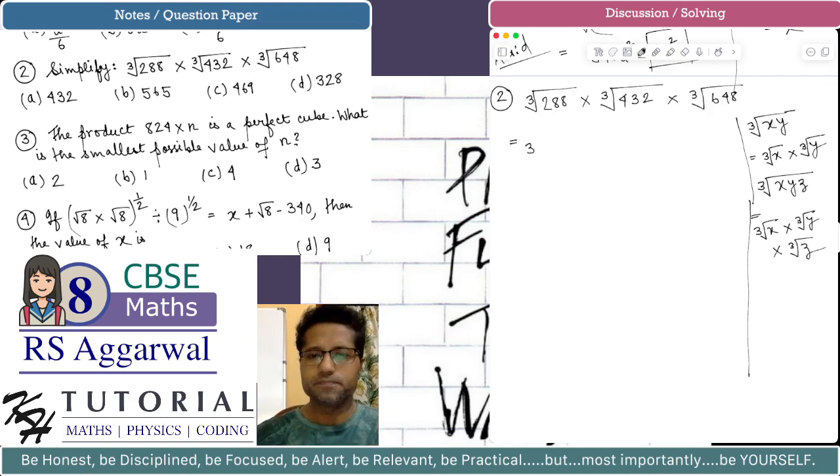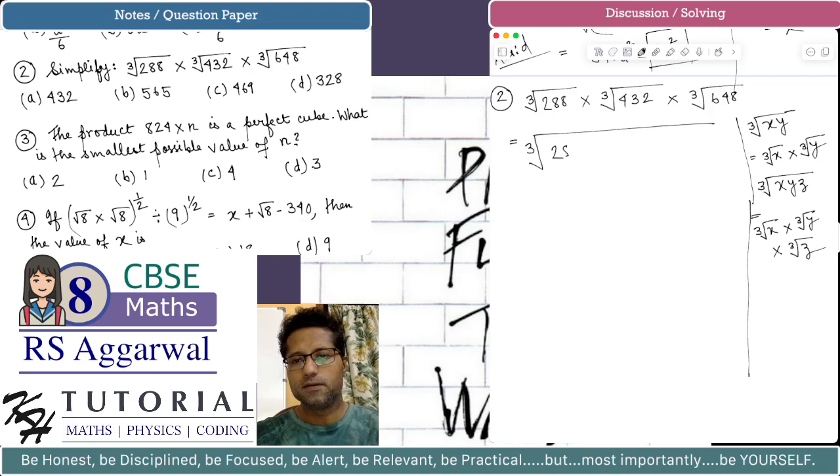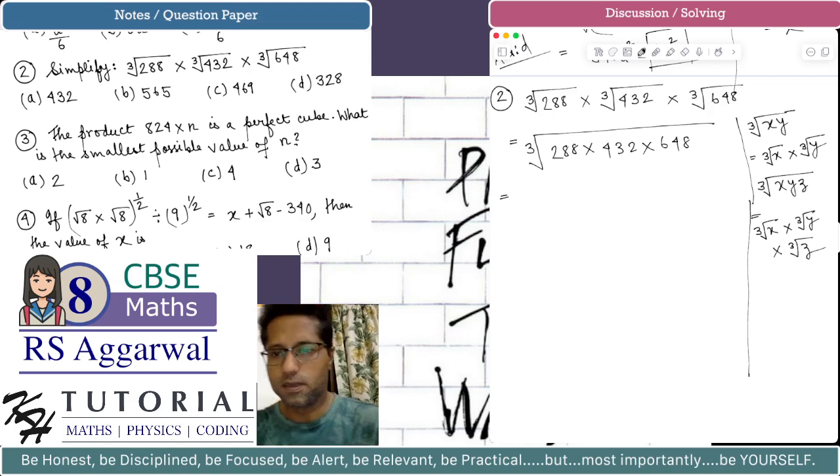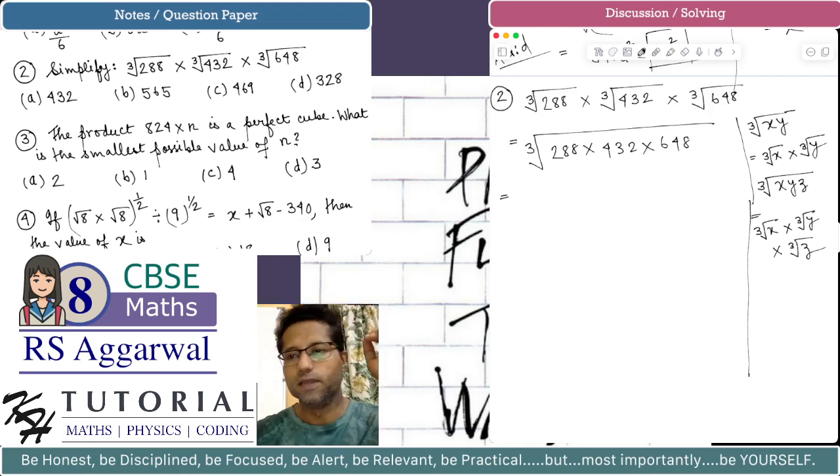So we can say that the given expression is equal to cube root of 288 multiplied by 432 multiplied by 648. Now we have to prime factorize all the numbers and form the powers of the prime factors. Then we can clearly find the cube root.